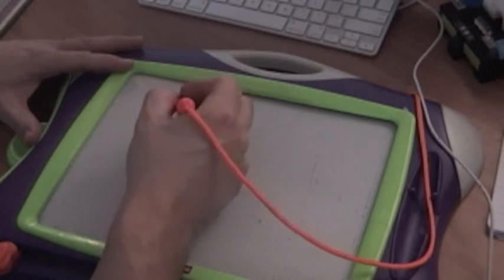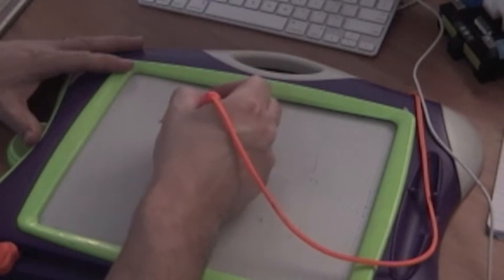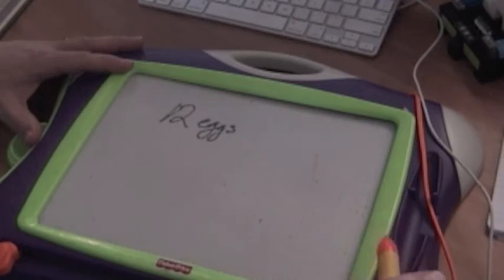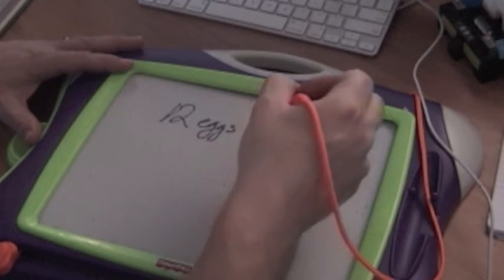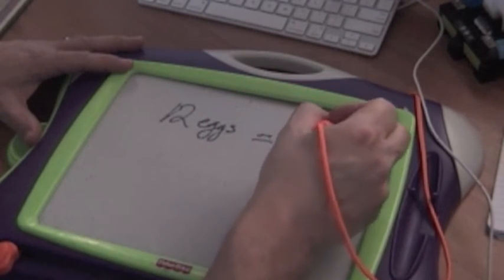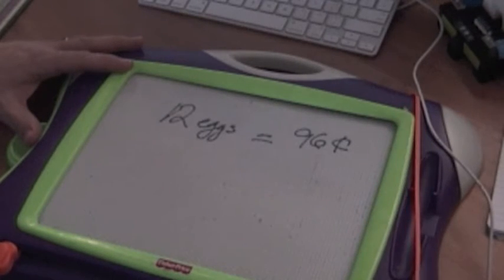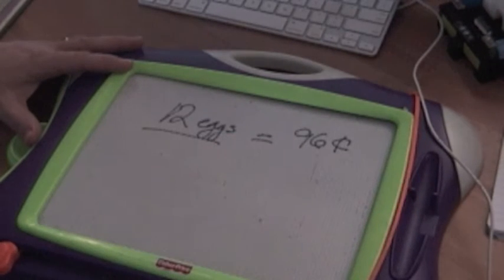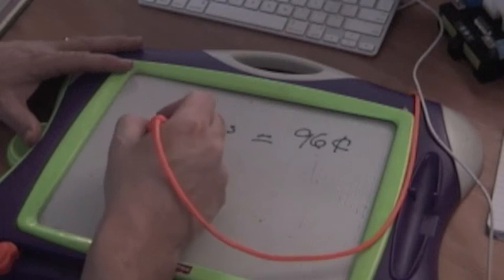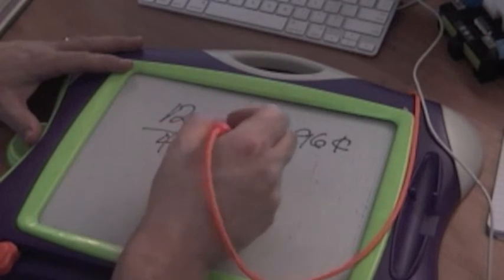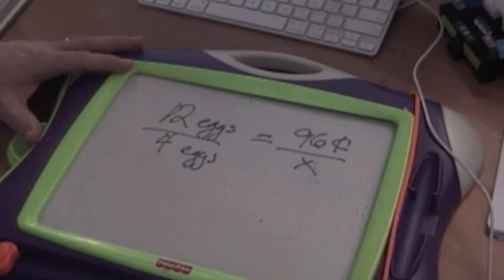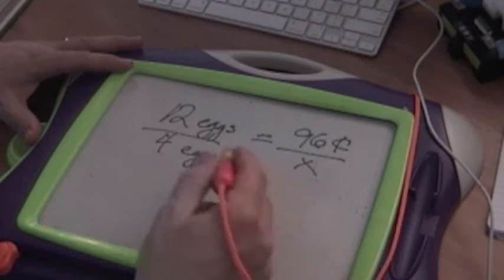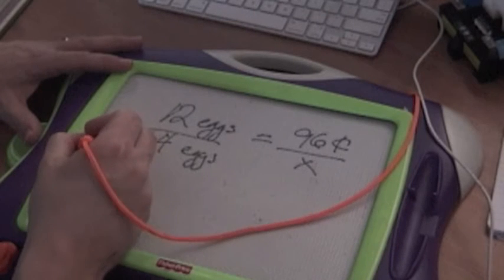If we look at number 11 on page 332, it states if 12 eggs cost 96 cents, so there it's telling us how much it cost. 12 eggs equal 96 cents. Then 4 eggs cost what? So, again, cross multiply. 4 times 96, I don't know what that is offhand.